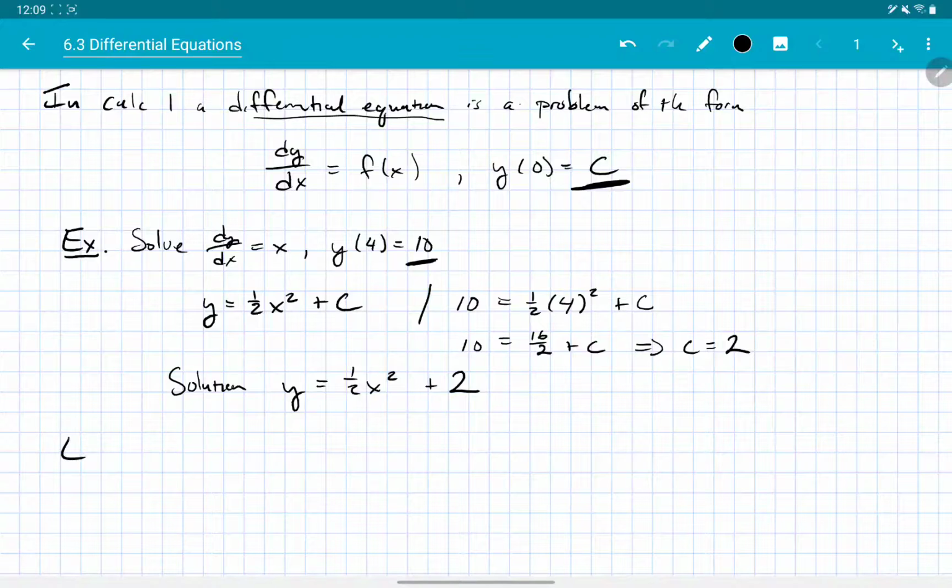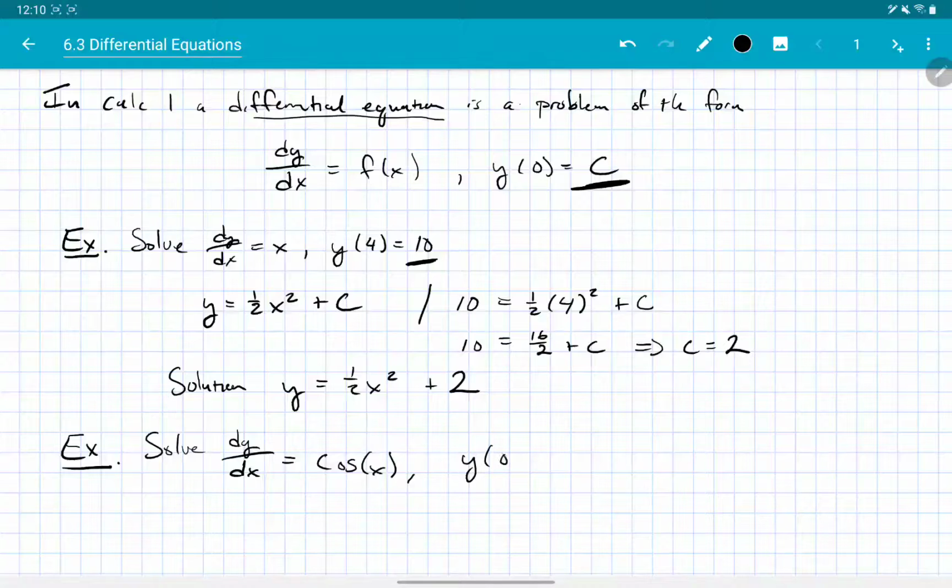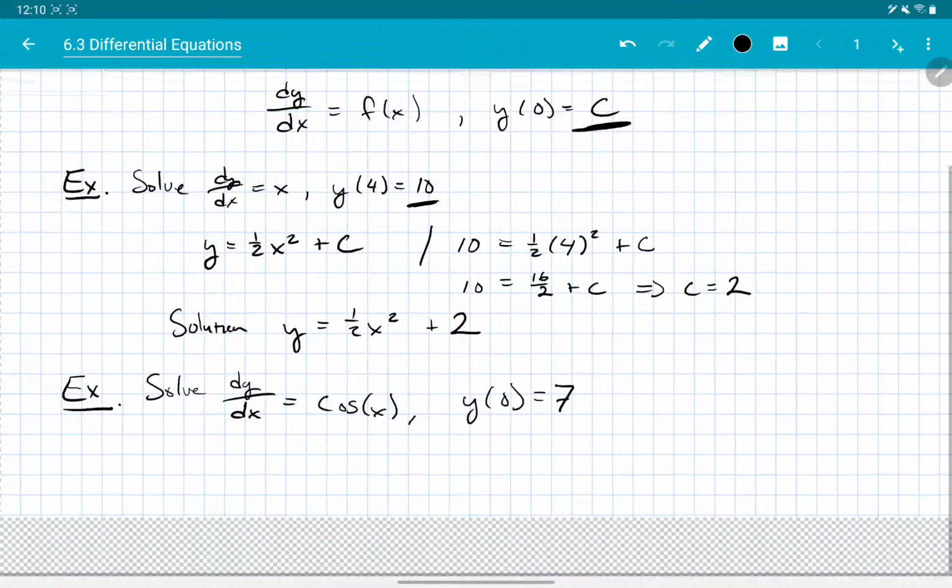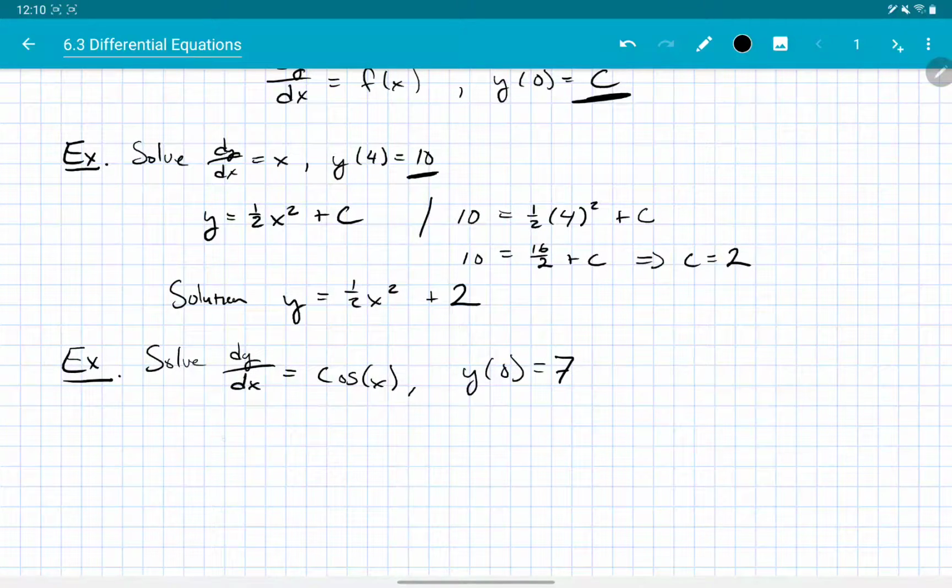Let's do another one. Okay, we're going to solve dy over dx is equal to x. Nope, that was the one we just did. dy over dx is equal to cosine x, where y at 0 is 7. Okay, so y is a function whose derivative is cosine, so y must be sine of x plus some constant.